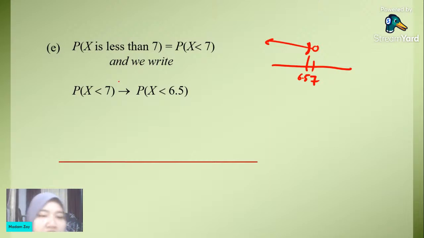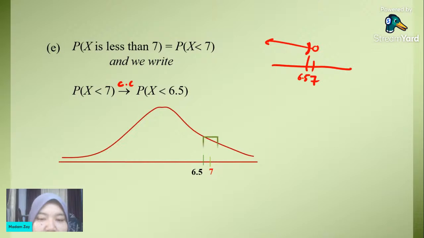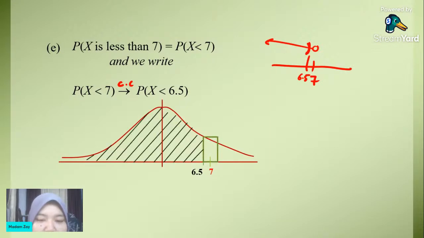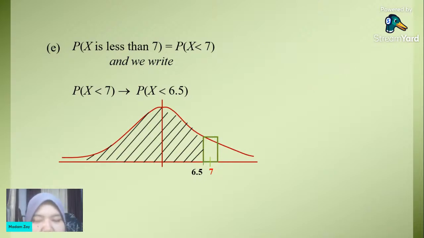So probability of x less than 7, after the continuity correction, will be probability of x less than 6.5. Okay, so this is our binomial distribution. We don't want 7. Make sure the 7 is not included. So we take a bit before 7, which is 6.5.